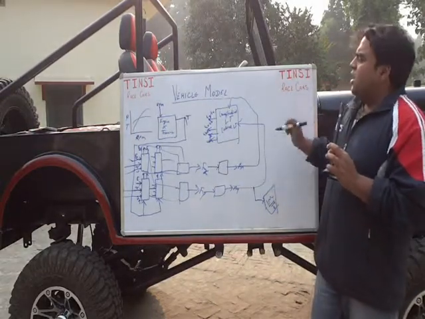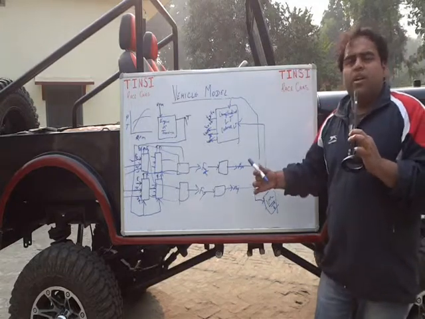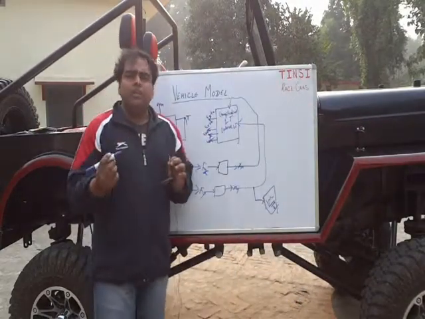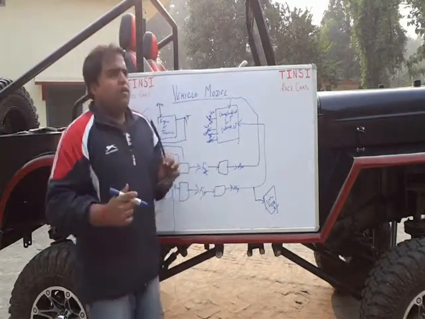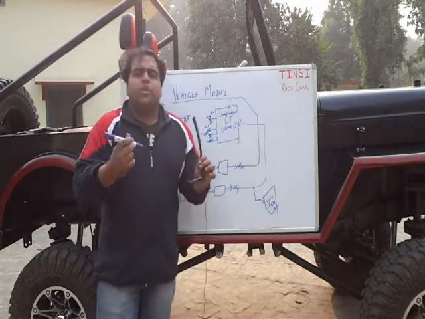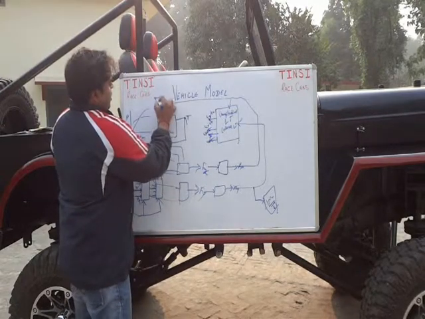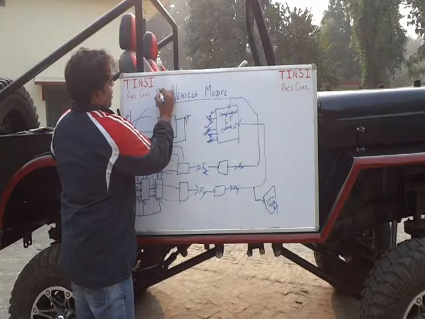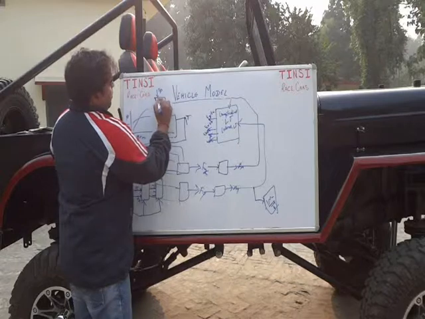Okay, so there are a lot of ways in which you can make it more and more user friendly. Suppose I'm taking RPM as the input. Now RPM is not a very convenient way of taking the input of the engine. The more convenient way is to ask for a throttle position. So instead of getting RPM, I get the throttle position, and then I calculate the RPM over here.